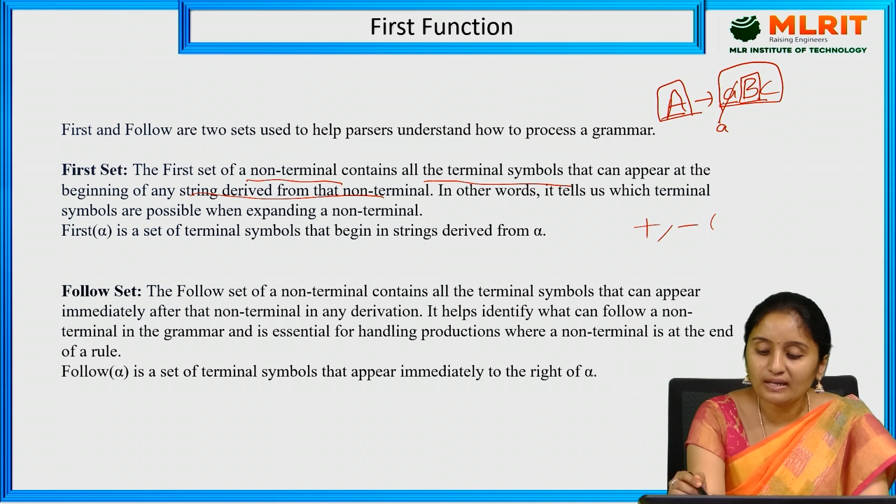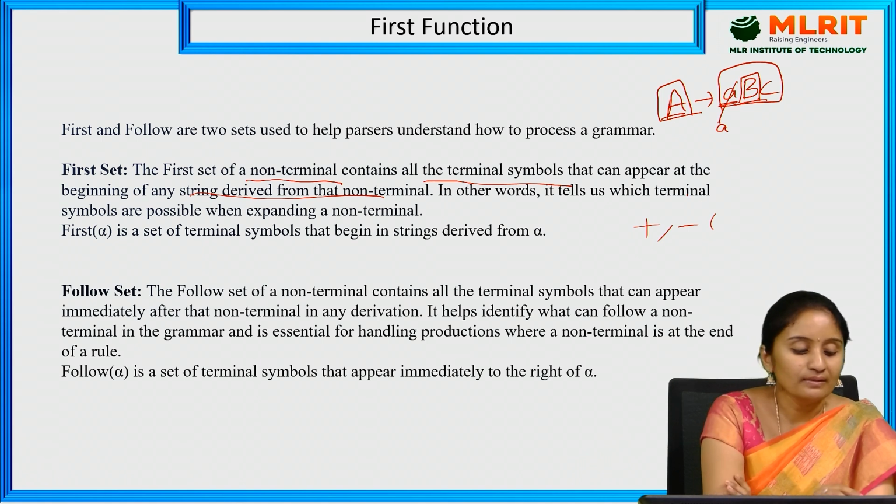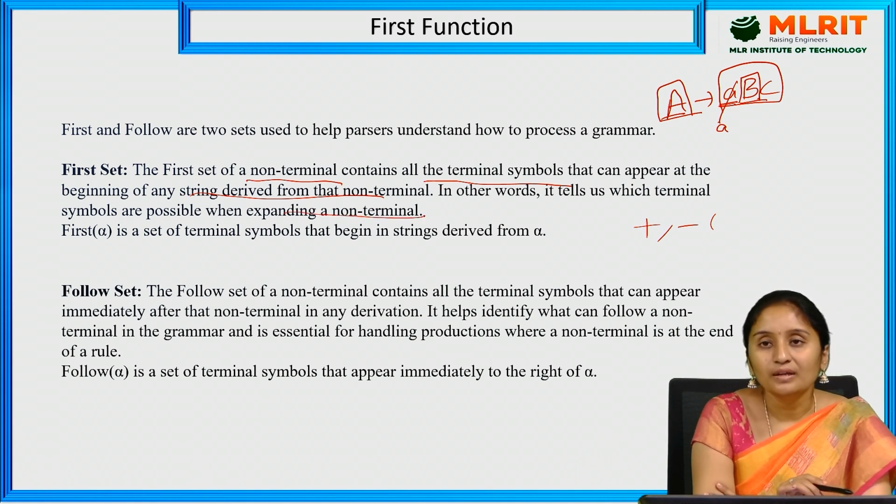If initially the first letter is a terminal, then that is First of capital A. Suppose I don't find this, then we are going to apply some rules over it. That can appear at the beginning of any string derived from the non-terminal. In other words, we are expanding the non-terminal.